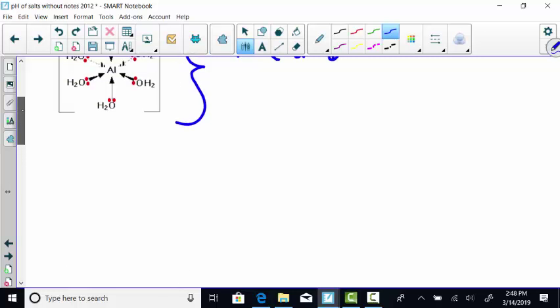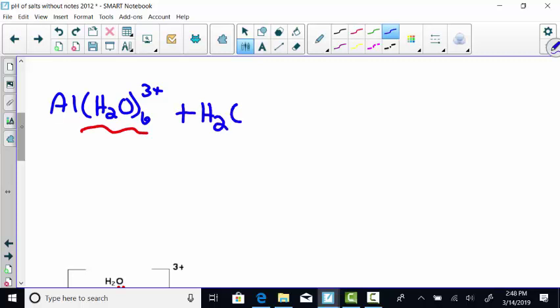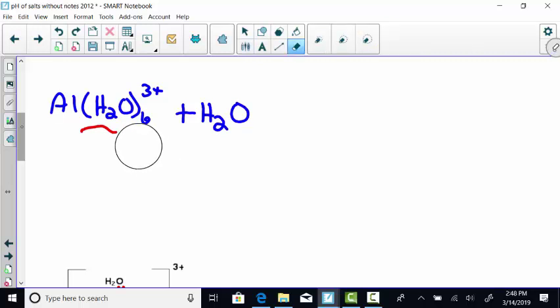So if I go back to this hexaaqua aluminum, this gets a little bit muddled because there's a lot of water molecules around, because you're talking about the water molecules that are part of this, and then you are also adding them to water, so there's actually even more water molecules around.